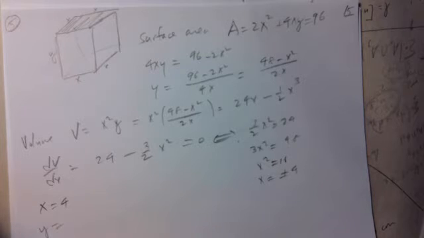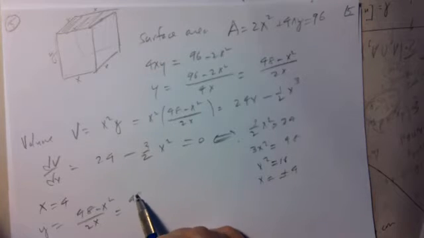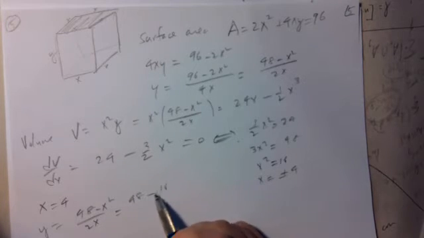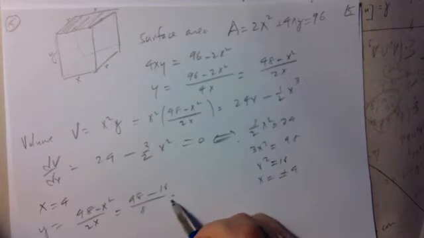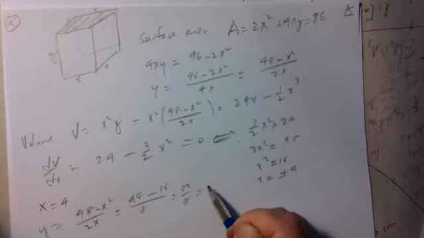And what is y? y is (48 minus x squared) over 2x. That's (48 minus 16) over 8. That's 32 over 8, or 4.